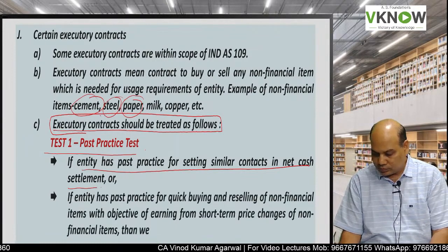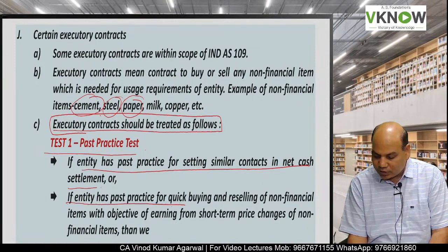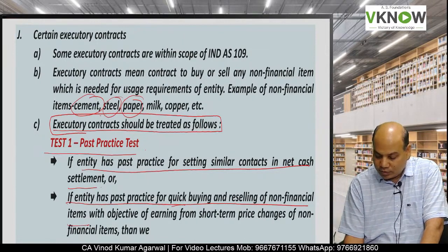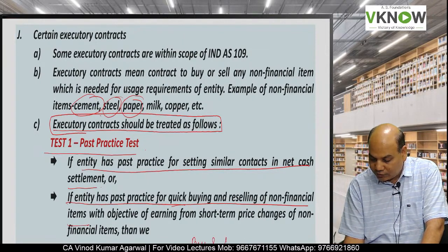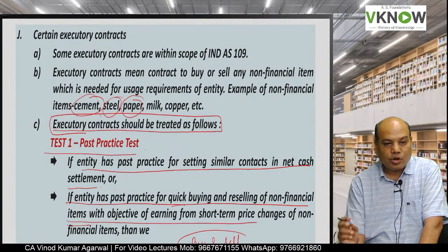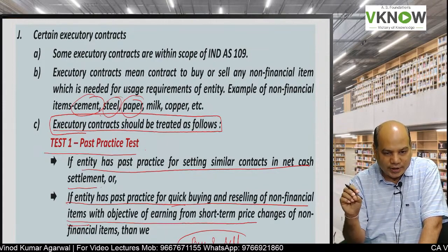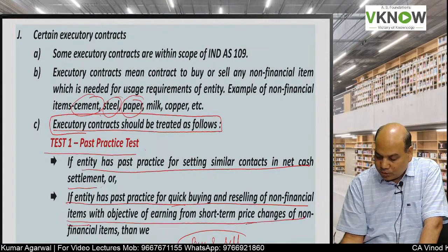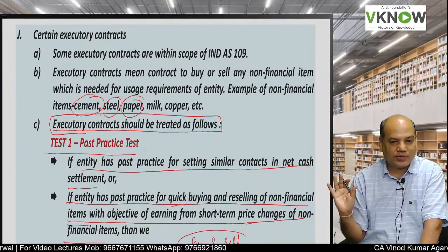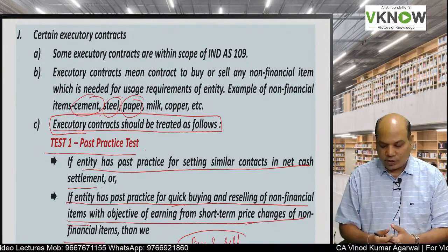If the entity has past practice for quick buying and reselling of non-financial item, the other possibility is I buy and sell immediately. There is no time gap or no major time gap between buying and selling such non-financial item. My objective is to make a quick profit due to price changes.